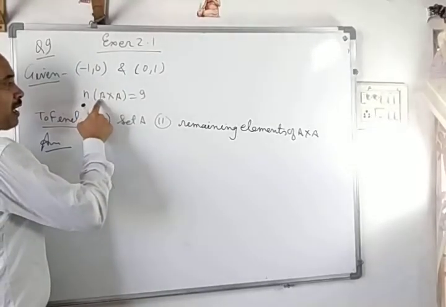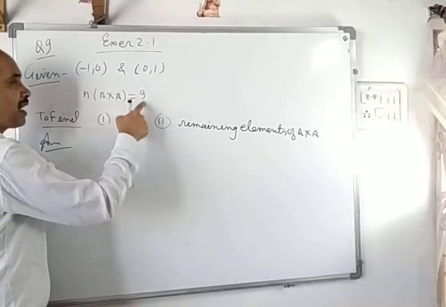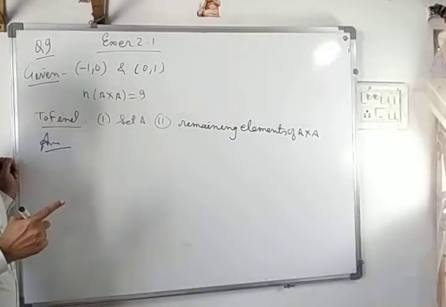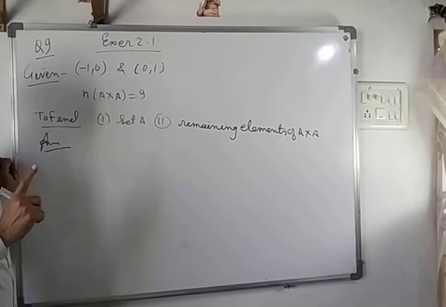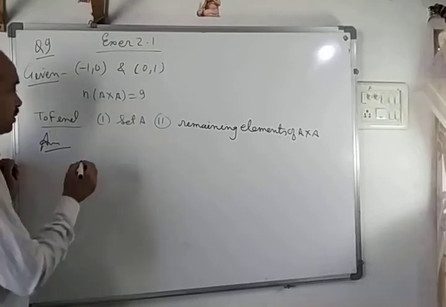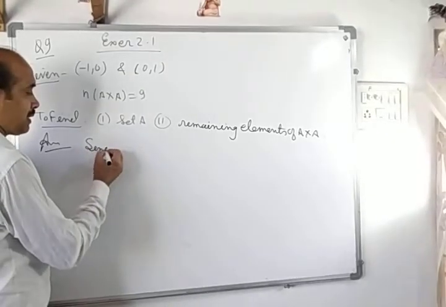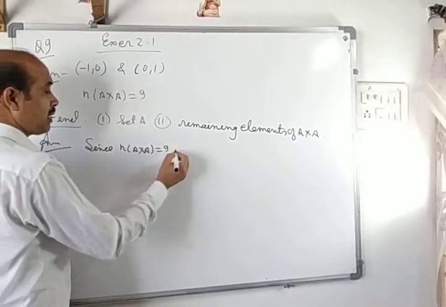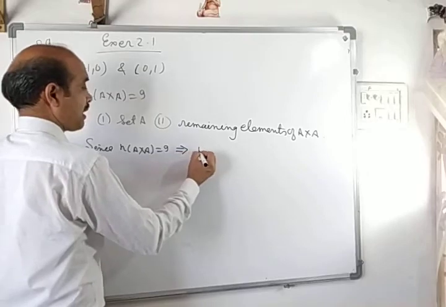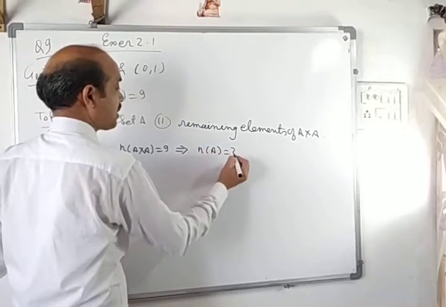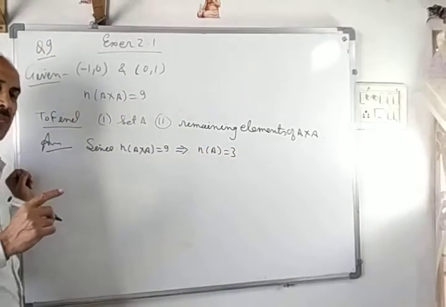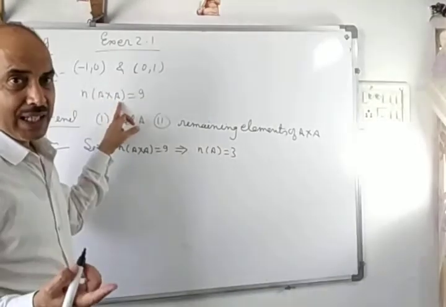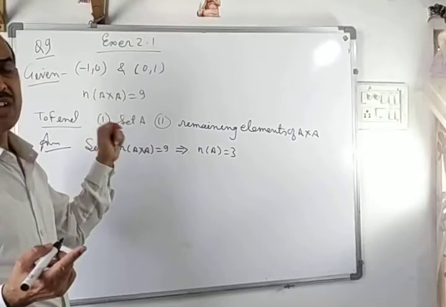First of all, A cross A is having 9 elements and the same set is here. It means the set A will have 3 elements. So firstly, we will write here, since n(A cross A) is equal to 9, this implies that n(A) will be 3, because we have already discussed, if A is having m and B is having n elements, then A cross B will have m into n.